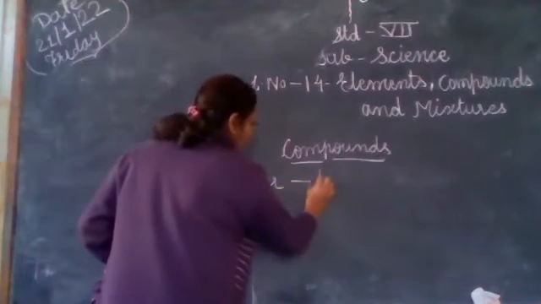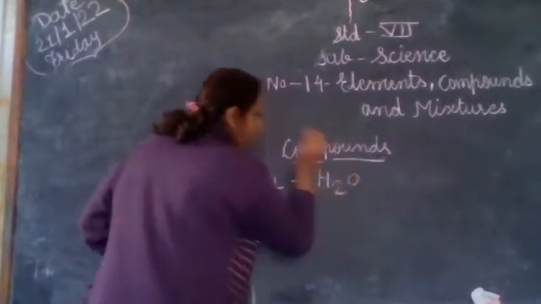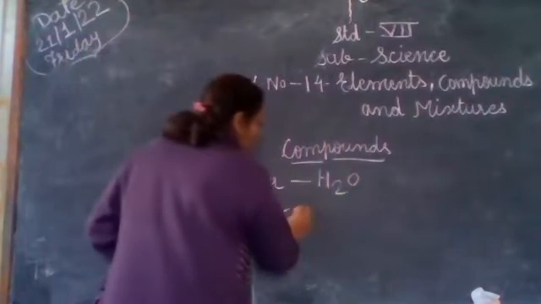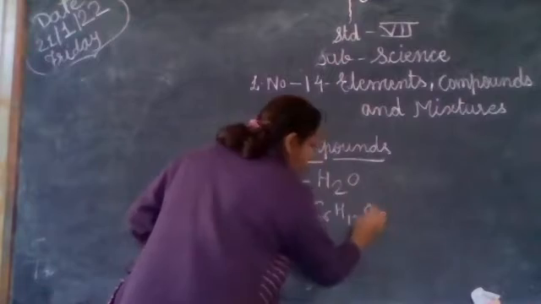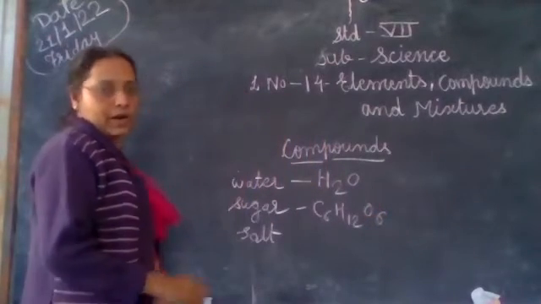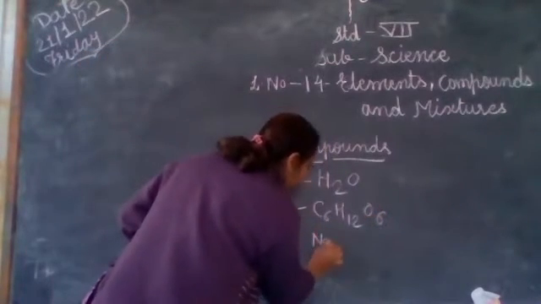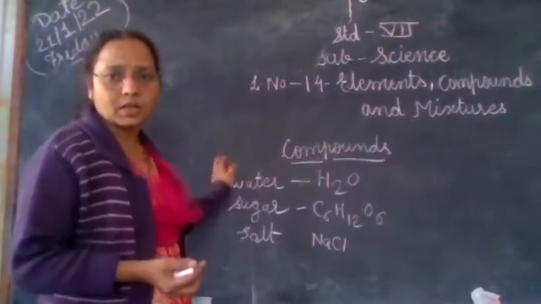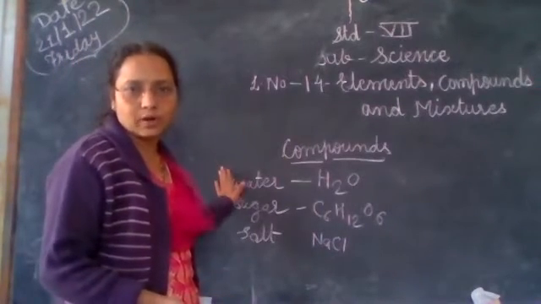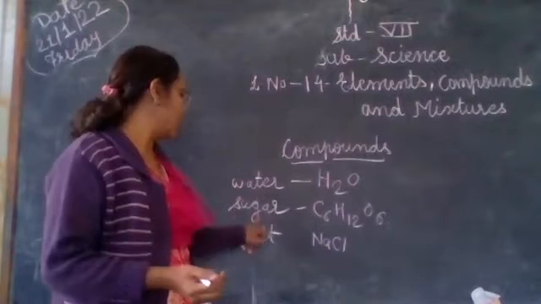The formula of water is H2O. Sugar is C6H12O6. And salt is NaCl, sodium chloride. So these are compounds. Lots of compounds are found: water, sugar, salt.